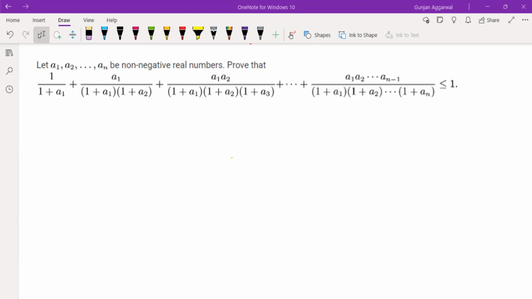This is actually Chinese Girls' Math Olympiad stuff. Okay, I should write the source. CGMO 21 P1.